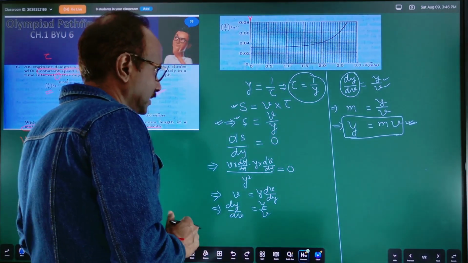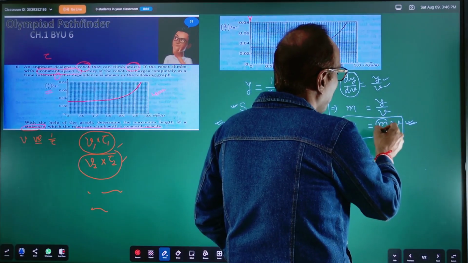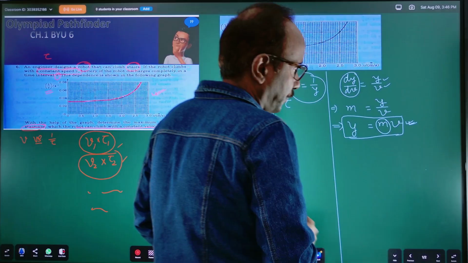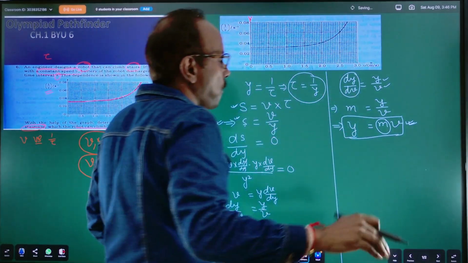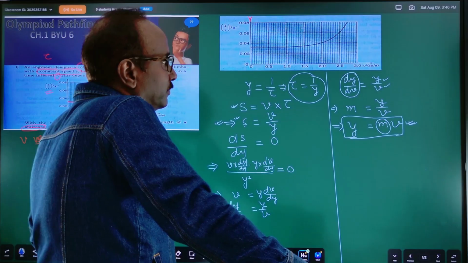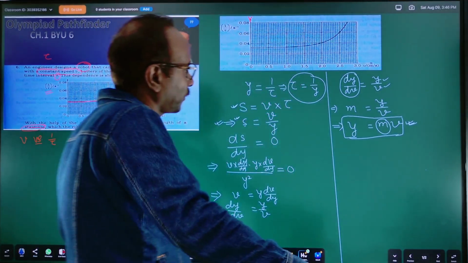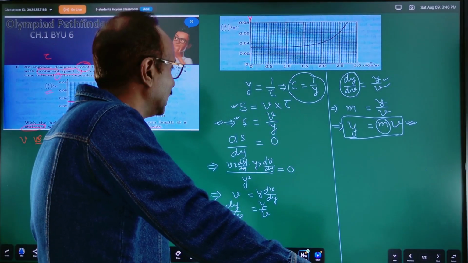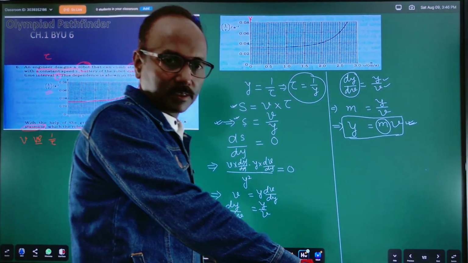So if we select m on this curved line, which passes through the origin, we will get a condition for the maxima of s.